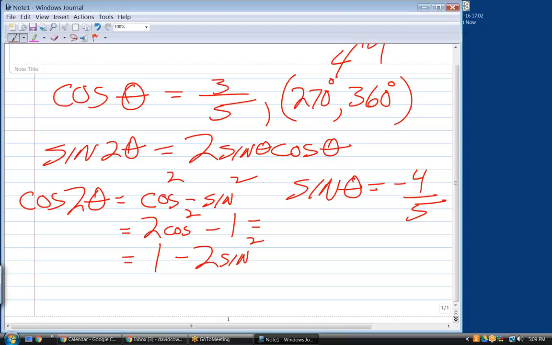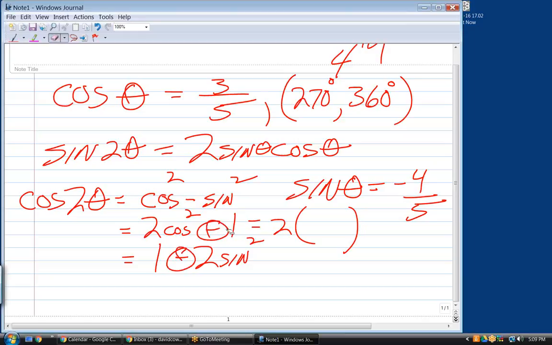So what's 2 cosine squared of theta minus 1? Would I add 1? It's minus 1. Okay. Notice one way to remember these a little bit easier is that it's subtraction in all 3 identities. This is subtraction, that's subtraction, that's subtraction.